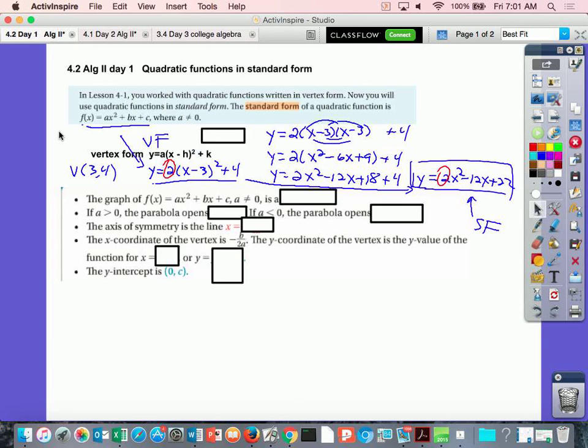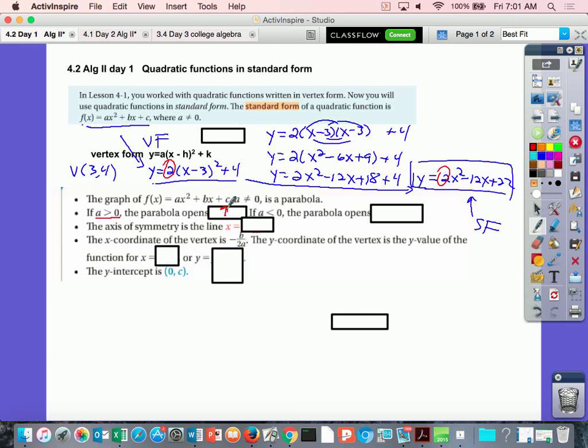This is the standard form of a quadratic. Some of the same properties apply. It's a parabola. The graph is a parabola. If a, that leading term, is positive, it opens upward.